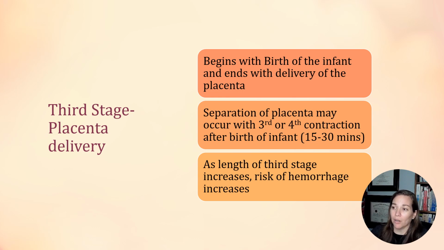And partly that's because if the placenta is super well attached, there's more of a risk too because the provider might be pulling on that cord, might be forcing a separation, which leaves some of what's attached behind, and that prevents the uterus from really contracting very well and stopping the flow of blood. But also there could be other issues going on, and that all increases the risk of hemorrhage.